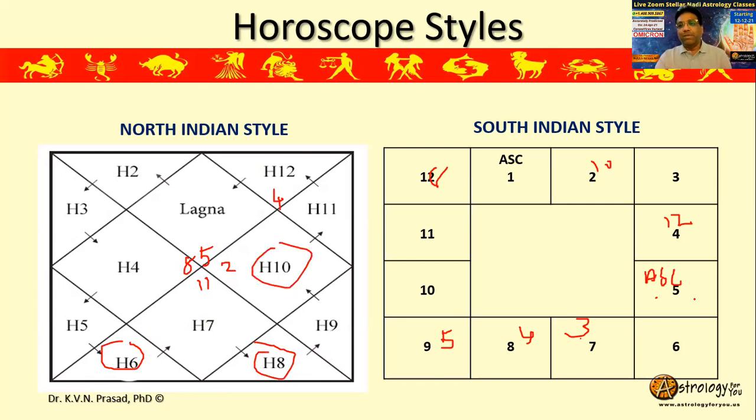But in South Indian style, you first have to identify the Lagna, and from the Lagna you calculate, oh, this is the 10th house here. It is just a practice, that's all. Only the representation of how you are counting. All the planet placements are the same. There's no difference at all.